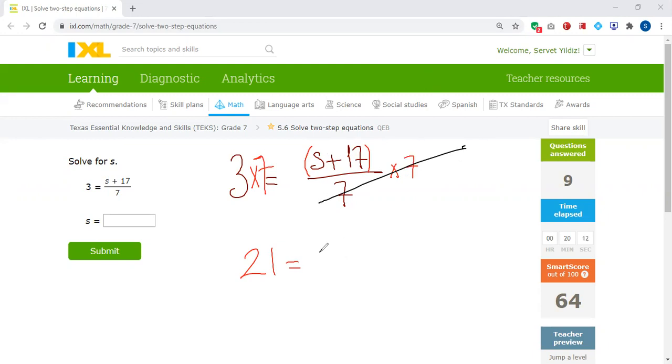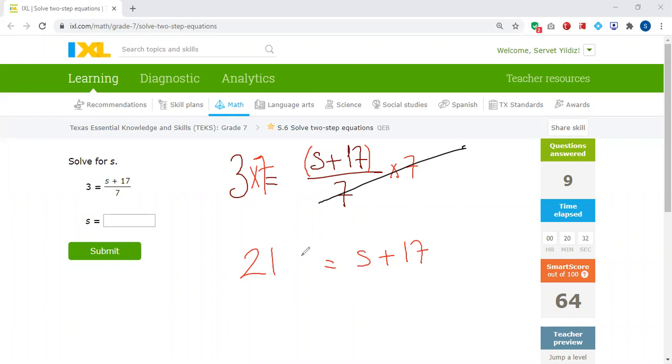So S plus 17. And now I can subtract 17 from both sides. Let me leave a space here. 21 is equal to S plus 17.